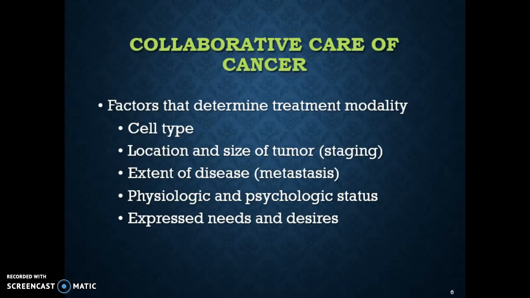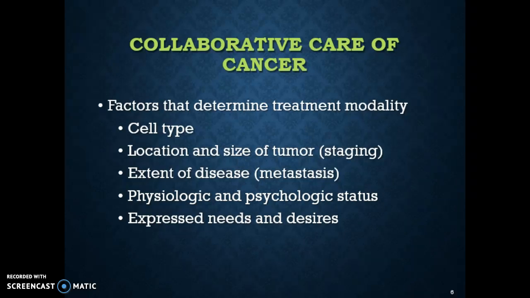So the factors that determine the type of treatment are really based on the cell type of the cancer, the location and size of the tumor, and usually you will call that staging. The extent of the disease, meaning is it localized to one area or has it grown into different areas of the body, meaning metastasis.